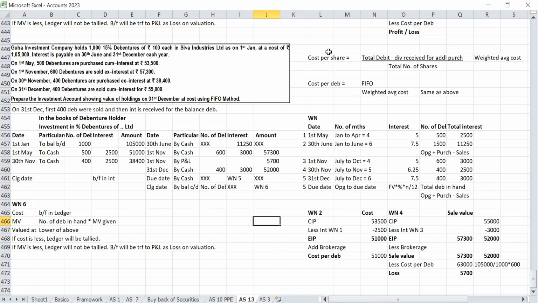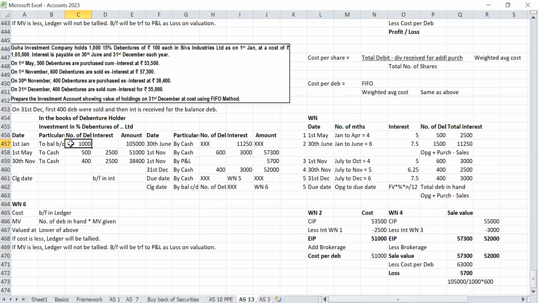Then profit or loss. How to compute the cost? Again we have to check. How many debentures sold? 400. If first in, first out, as per the opening balance, 1,000 debentures were there. Of that, how many were already sold? 600 were sold. So 400 balance remain, which is also from the opening balance only.